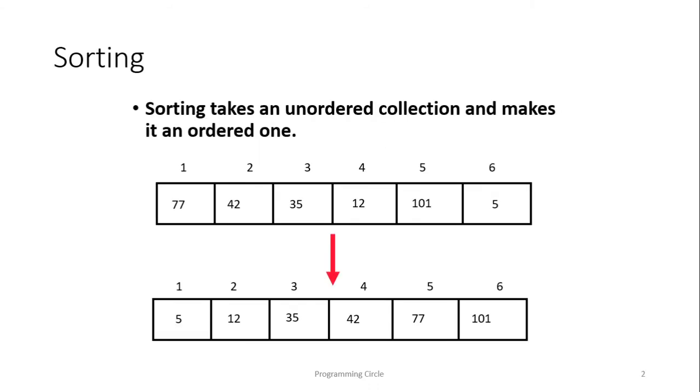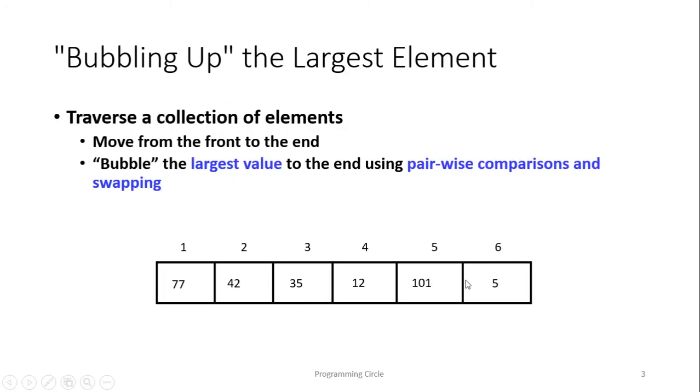This sorting algorithm takes an unordered collection of data and makes it an ordered collection. You can see here these are the elements that we have as initial input, and after having sorted the elements we have this output. This can be easily explained by bubble sort.